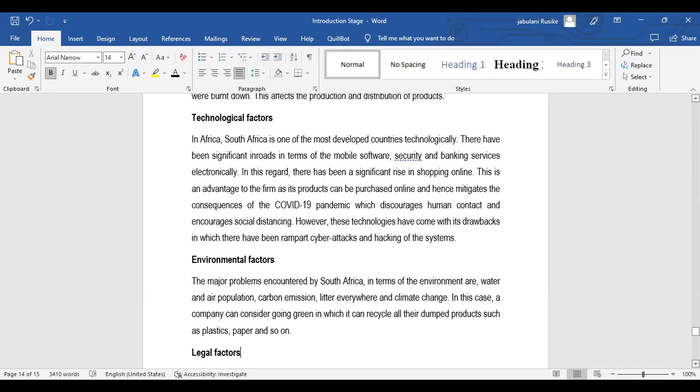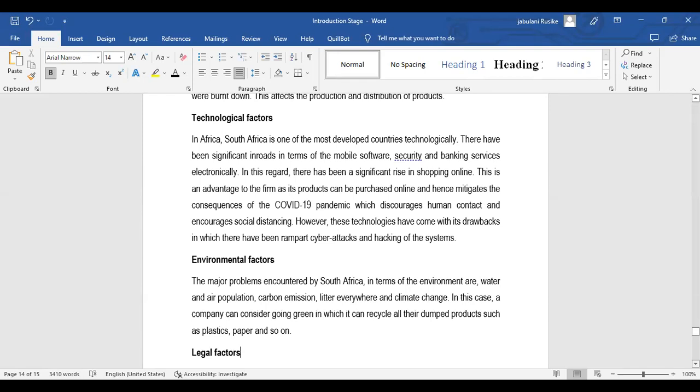So here I've written there've been significant inroads in terms of the mobile software here in South Africa, in terms of the security, the banking service. You can see the services at the bank, highly technological. You can do everything by the phone. It impacts positively on the organization because it's offering a good customer experience.